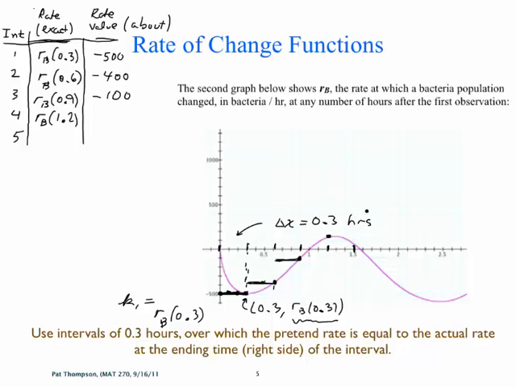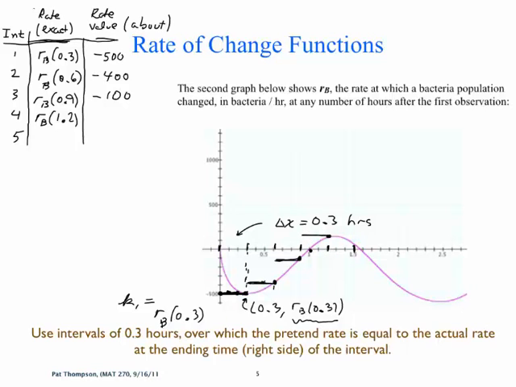0. The actual rate of change is 0 at 1 hour. That's where it's crossing the x-axis. I kept saying actual. What's our pretend rate of change at 1 hour? R sub b of 1.2. The whole interval is going to have the rate at 1.2.